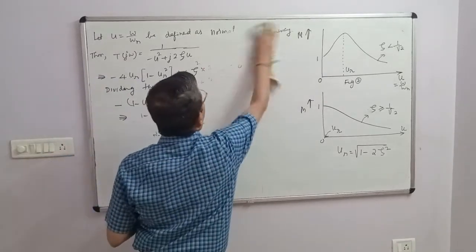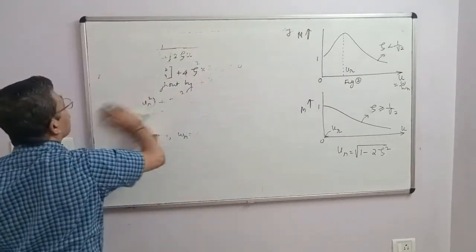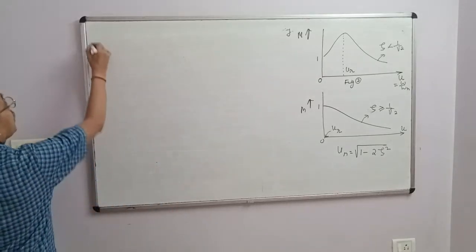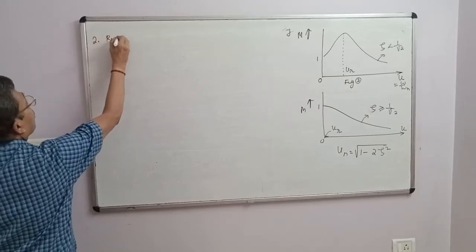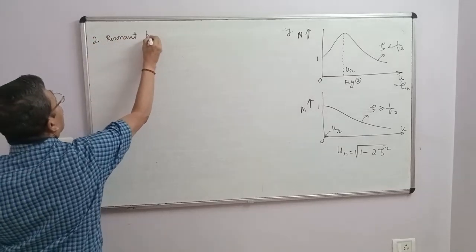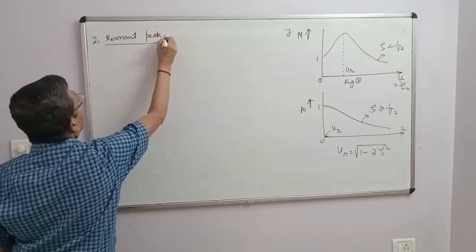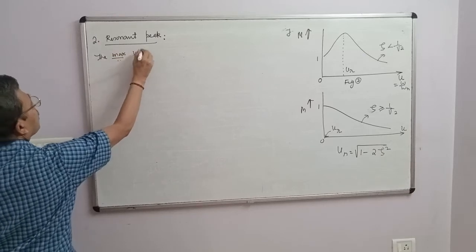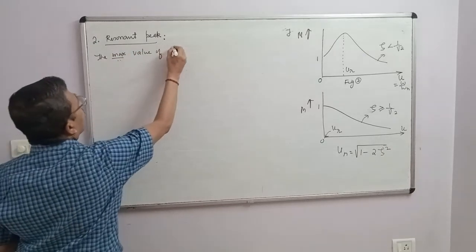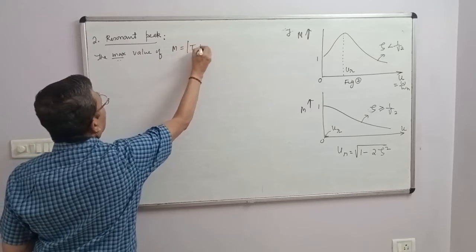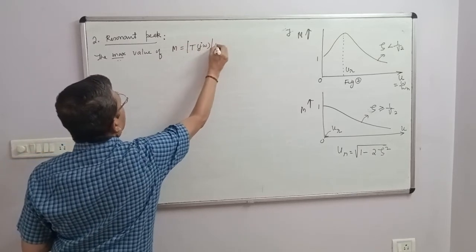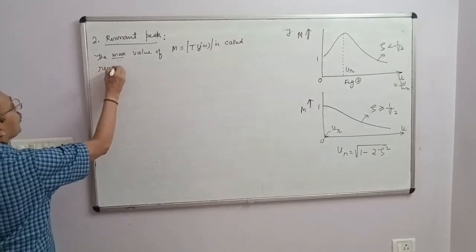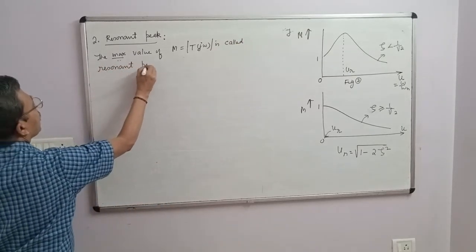Next we will derive the expression for resonant peak. Second one, resonant peak. The maximum value of m equal to modulus of T of j omega is called resonant peak.